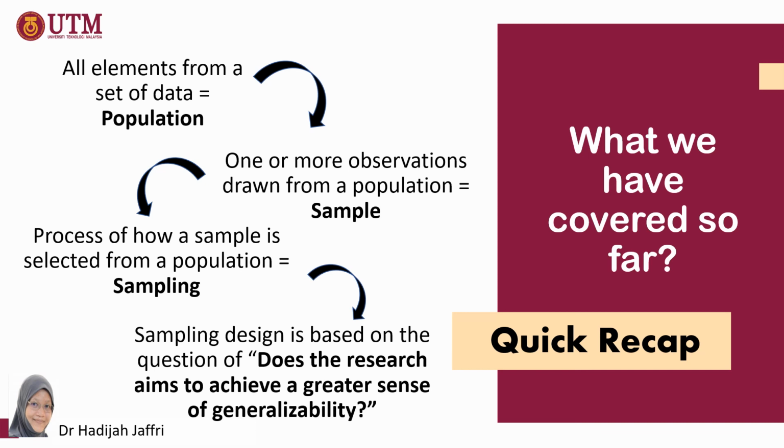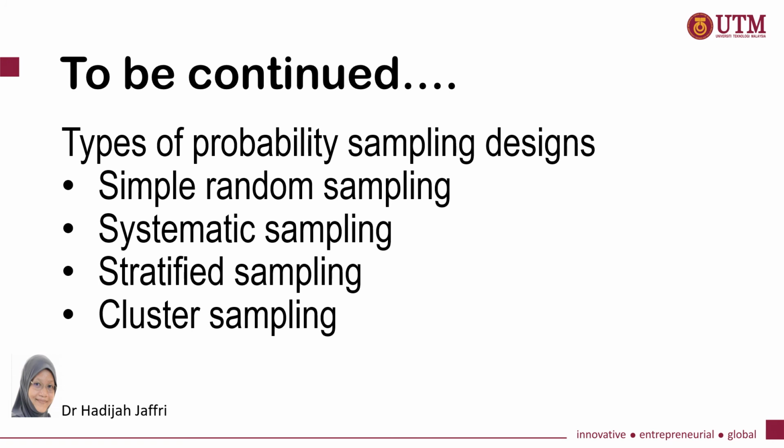If the answer is yes, it will lead us to the next question on the type of probability sampling design. So until then, in the next video, we're going to continue our discussion on the types of probability sampling design. There are 4 types of probability sampling design, which are simple random sampling, systematic sampling, stratified sampling, and cluster sampling.